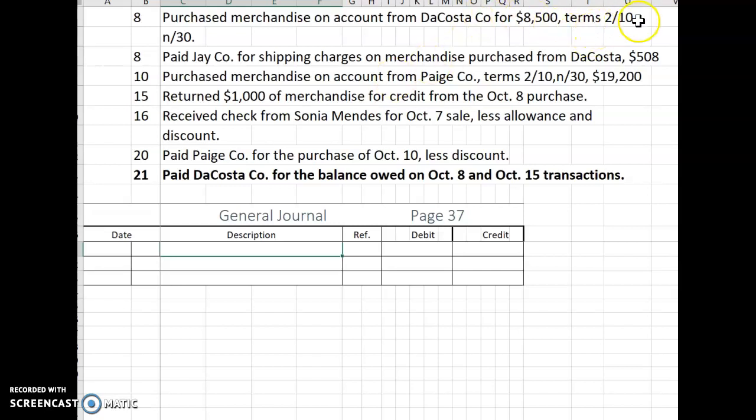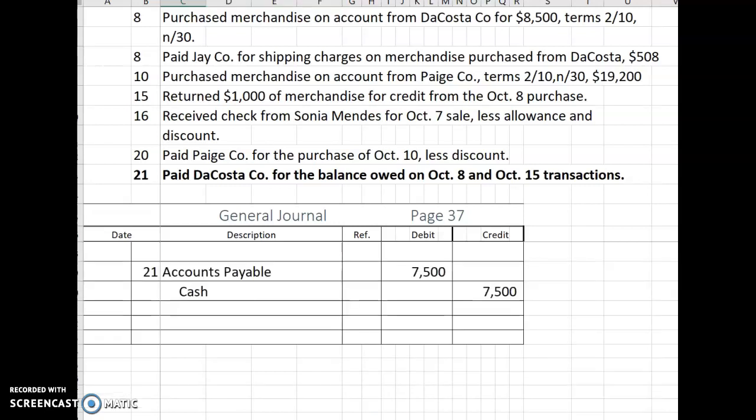However, there's a 2% discount if we pay within 10 days, but look, we're paying after 10 days. So we're going to have to pay the full $7,500. So that will just be a debit to accounts payable for $7,500 and a credit to cash because we did not get to take the discount.